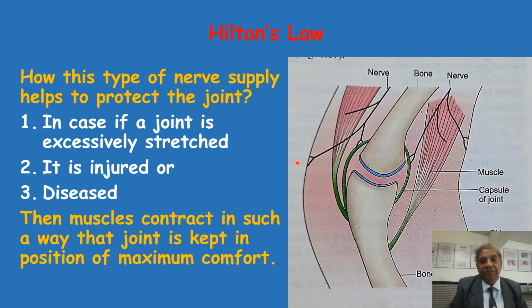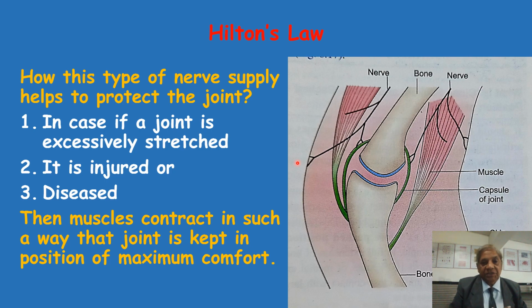When this joint becomes painful, it is referred to the skin. Not only referred to the skin, this pain of the joint ultimately leads to reflex, automatic contraction. You are not making any contraction when you are feeling the pain in your joint, but it will lead to the reflex contraction of these skeletal muscles.